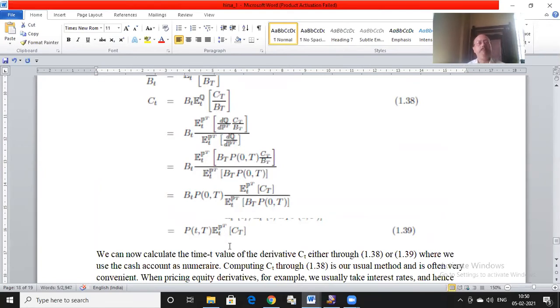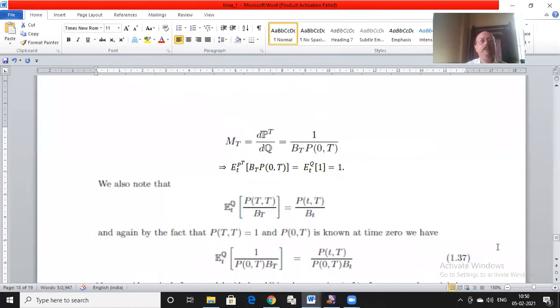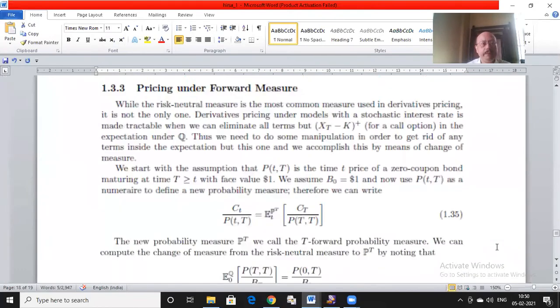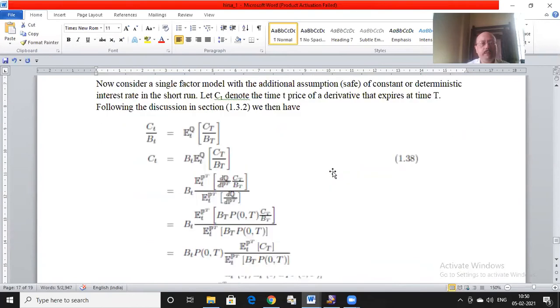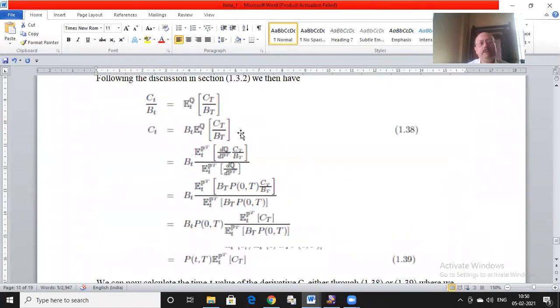So again, I repeat that if I want to do the current time valuation with forward measures, if my interest rates are non-stochastic, it really won't matter much whether I use the risk neutral measure or the T forward measure. But if my interest rates are actually stochastic, then the T forward measure gives me a little bit of advantage.